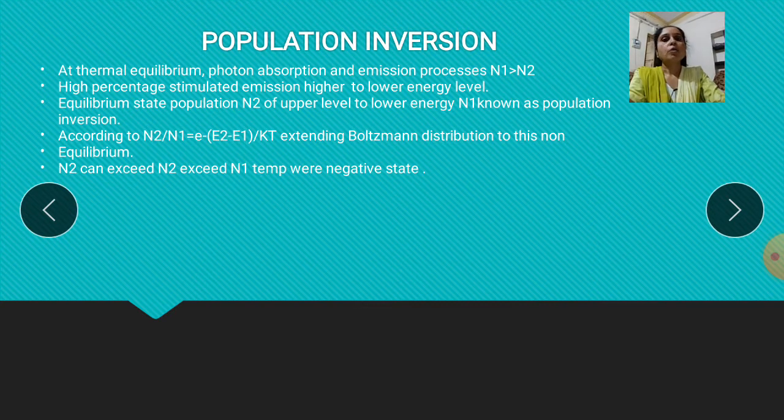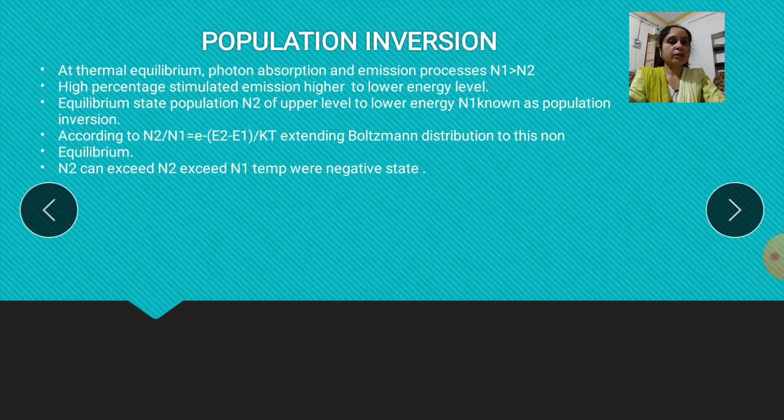In the equilibrium state, the population N2 of the upper level being greater than the population N1 of the lower level is known as population inversion.